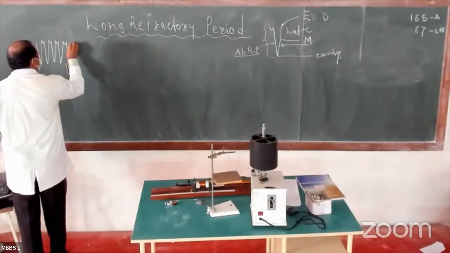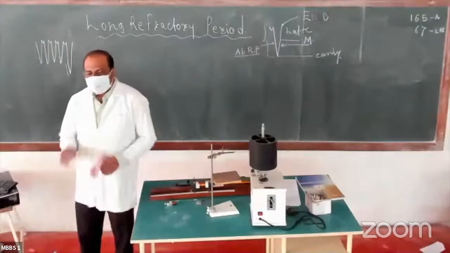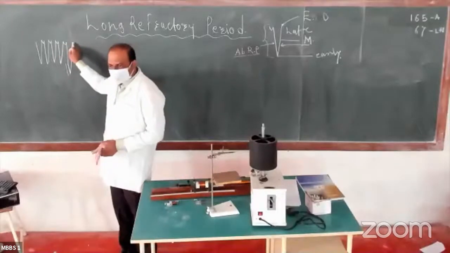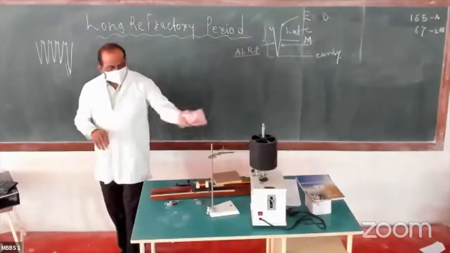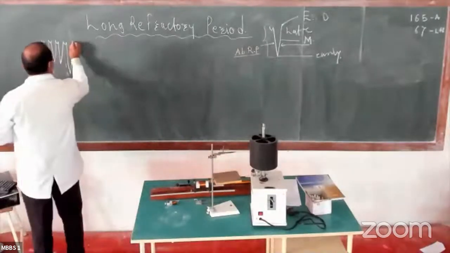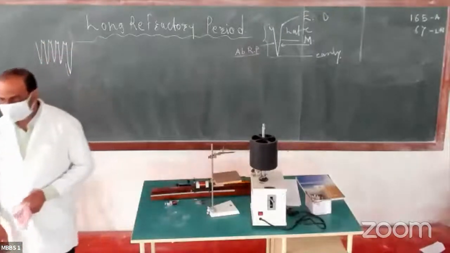diastole. It shows the diastole. At this level, the drum is rotating. Is it clear? So this marking will be there.